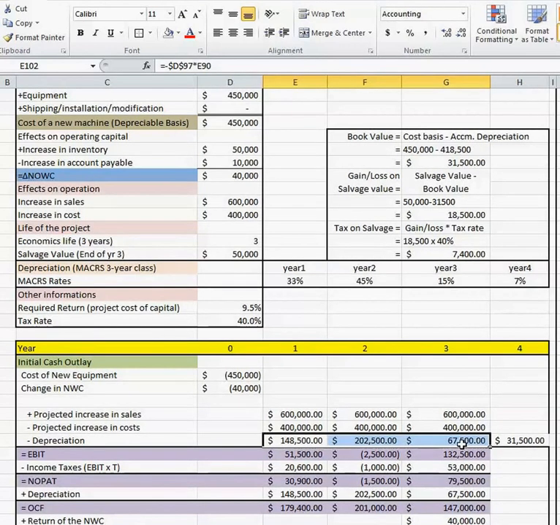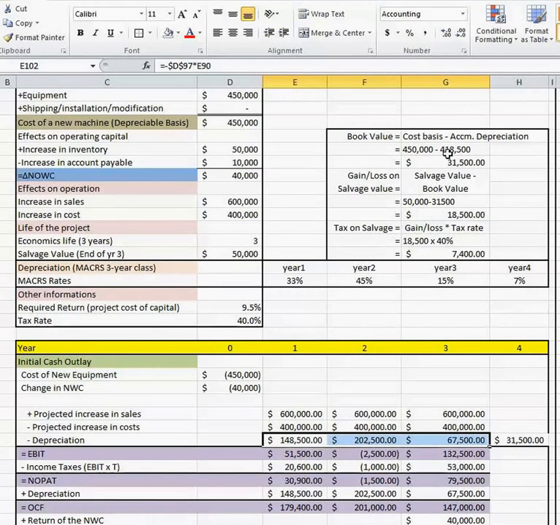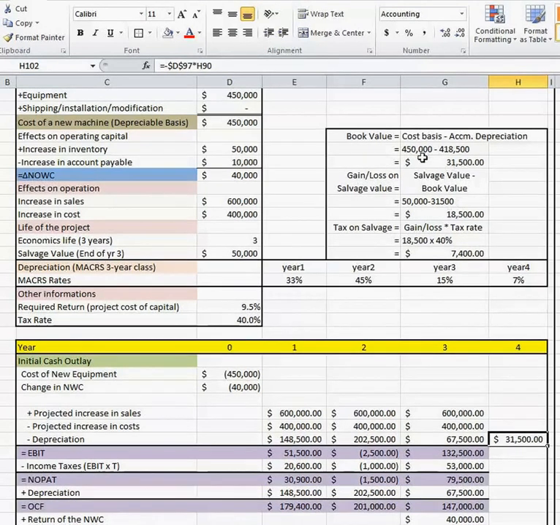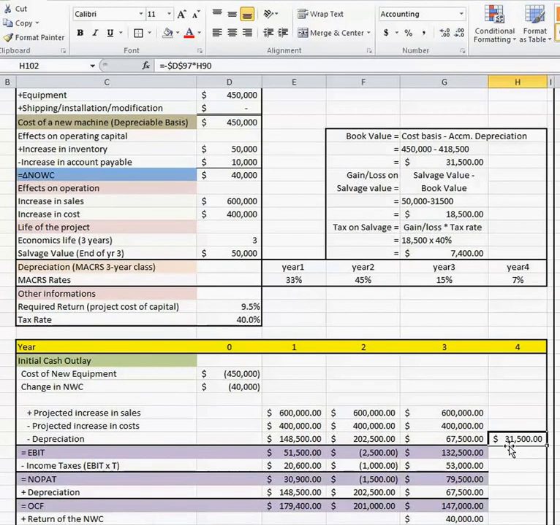So here, $450,000 minus 418,500 gives you 31,500, which is equal to this year 4 depreciation. So you don't need to do this extra work. You can just create an extra column here, and the 4th year depreciation is basically your book value.